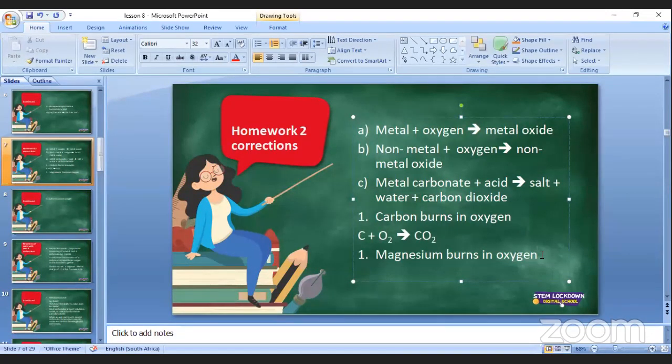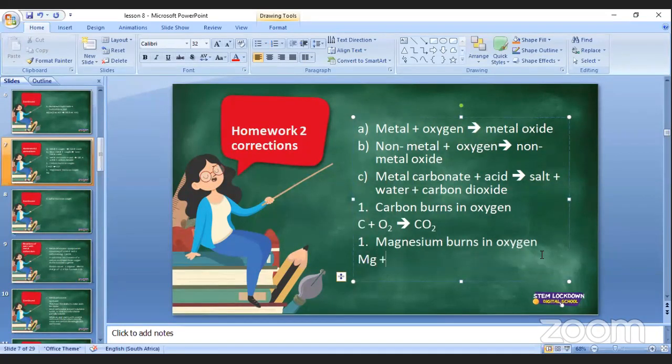And then we've got magnesium, which burns in oxygen as well. Magnesium reacts with oxygen. What do we get? We get magnesium oxide. It's a metal reacting with oxygen, so we always get an oxide. So you can see already that this is not balancing.